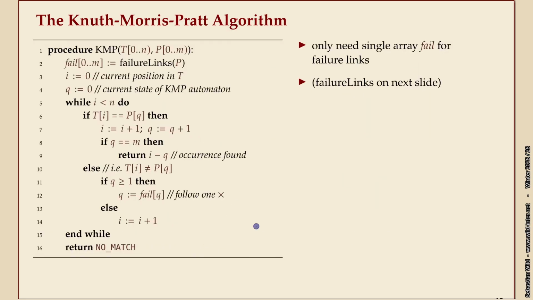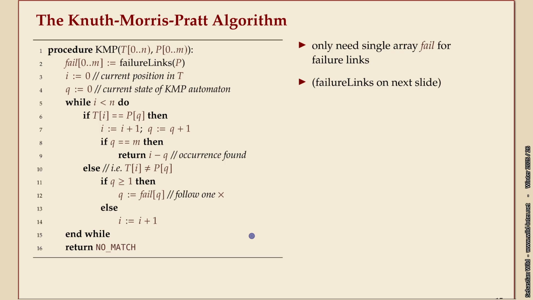Here's code for simulating the automaton. So what the example showed is written up in specific code. I'm not going to read through the code really. It keeps track of the state and the position in the text, and the rest is fairly straightforward; if you understand the automaton, you could reproduce this code.